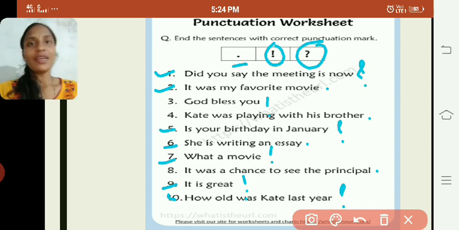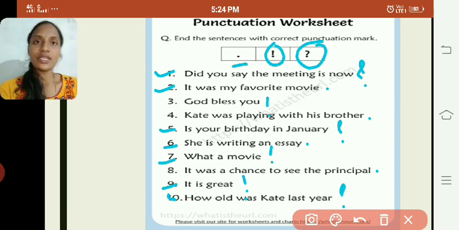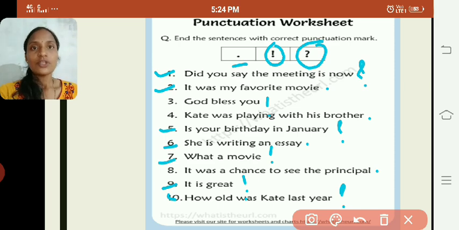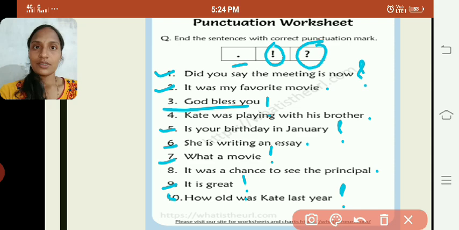When there is a question, we use a question mark. When it is a simple sentence, we use a full stop. When the sentence shows some emotion or burst of feelings, we use an exclamation mark. And sometimes, like the third sentence, imperative sentences also take an exclamation mark.